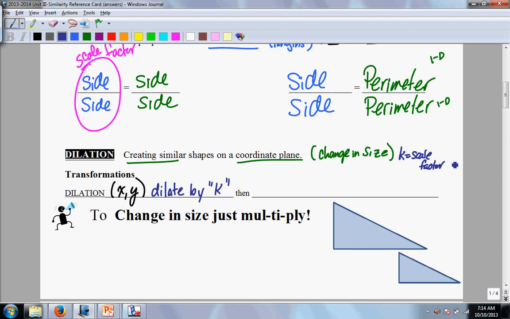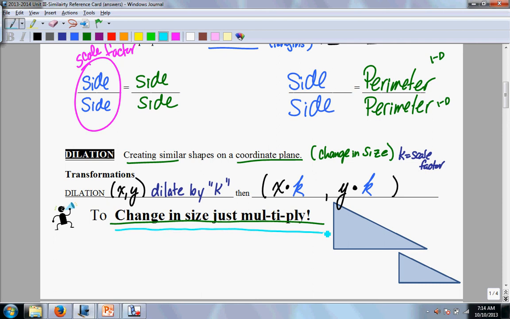So if you have x, y, and you dilate by k, your new set of coordinates, all you do is multiply that scale factor by each coordinate. So you do x times k, comma, y times k. Just remember this phrase: to change in size, just multiply. Say this with me. To change in size, just multiply.